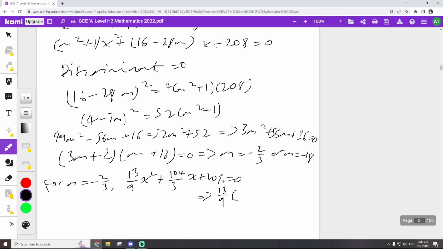Okay, you can actually factor this out, so this turns out to be x squared plus 24x plus, okay, this is 144 equals 0.